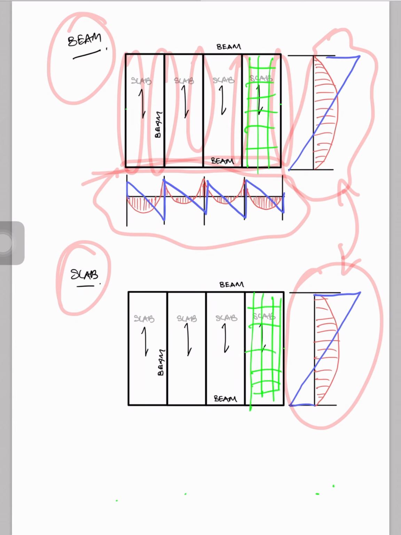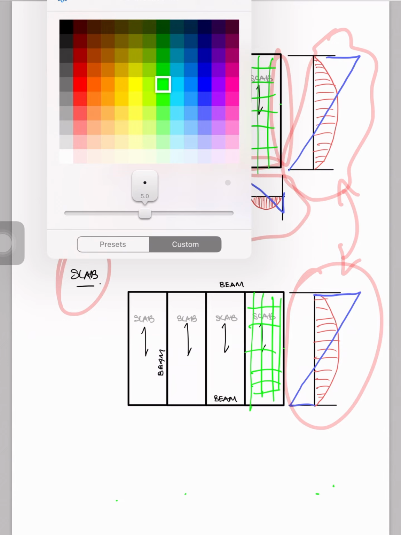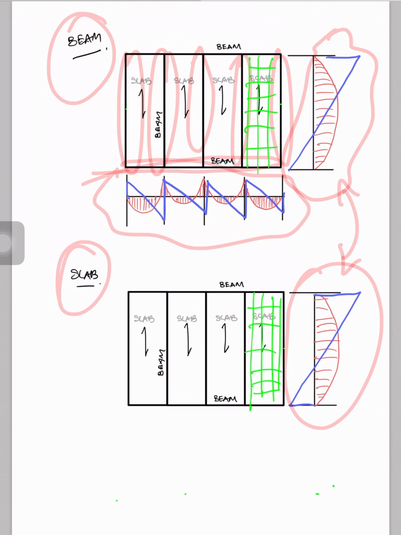Okay, so applying a construction joint, the best location for this situation would be, if I were to do it, I would not do it at mid-span. Why? Because of high bending moment.